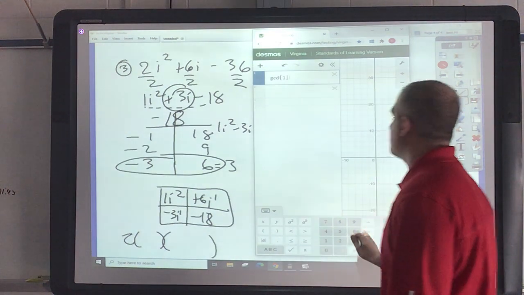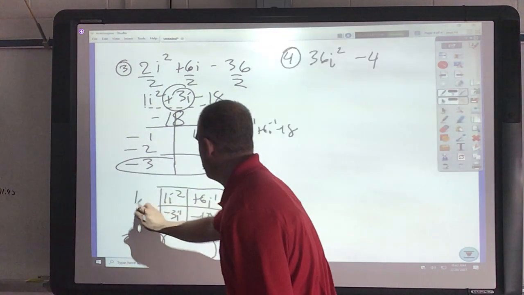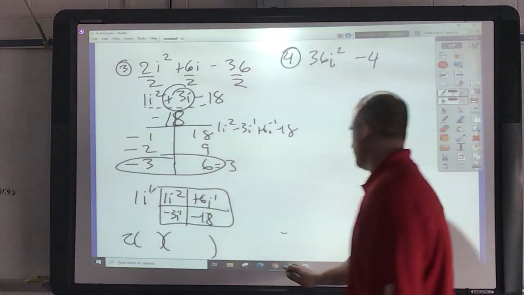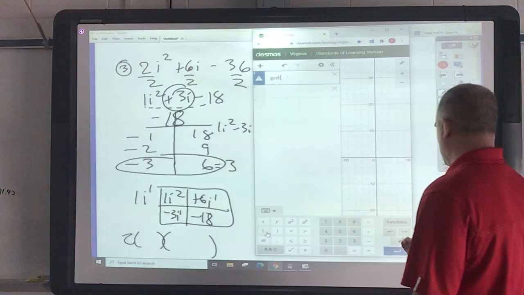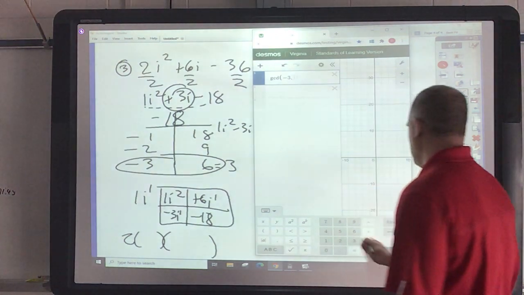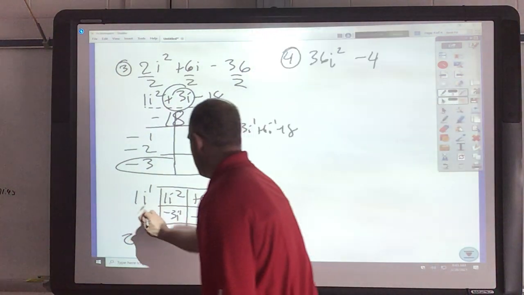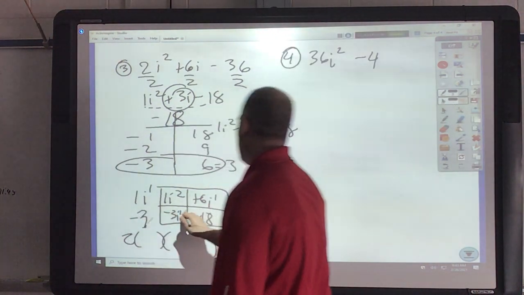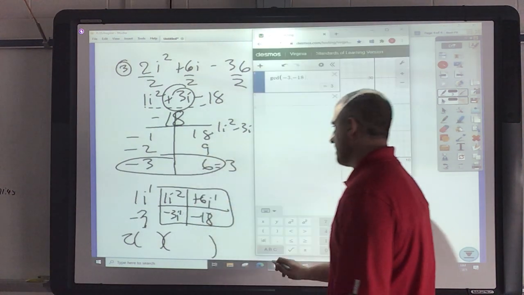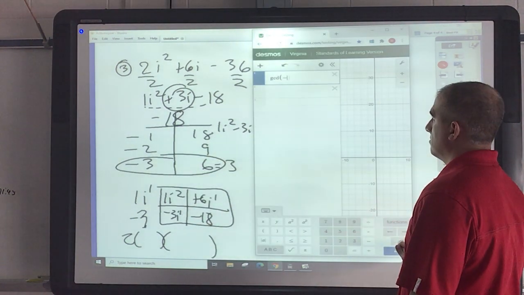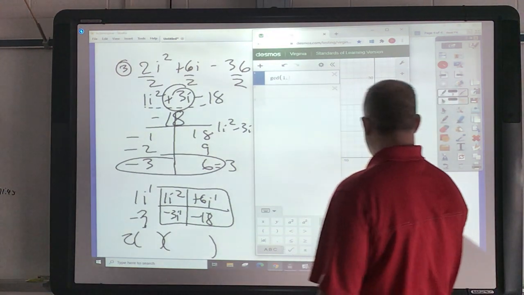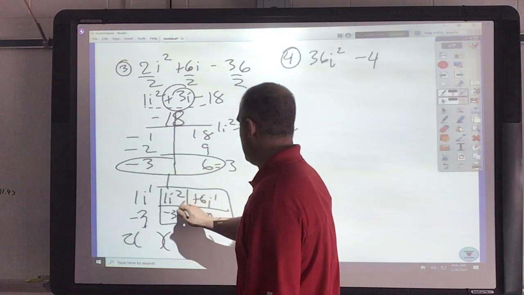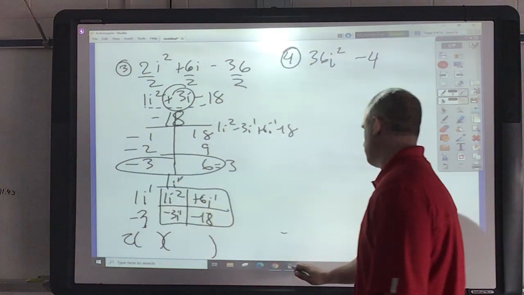1 and 6 would give me 1. They both have i, so i to the first. Then negative 3 and negative 18, we got 3, minus minus, no i. Then I do 1 and negative 3. It's 1, and both have i, so i to the first.